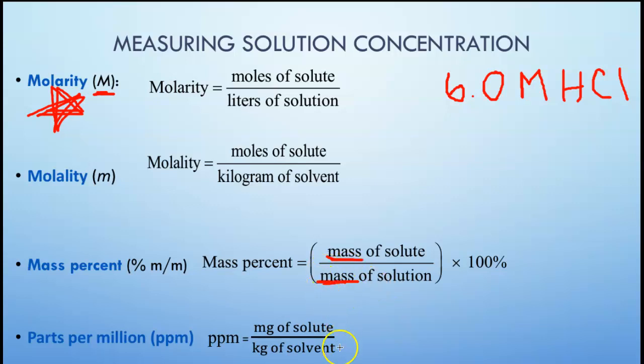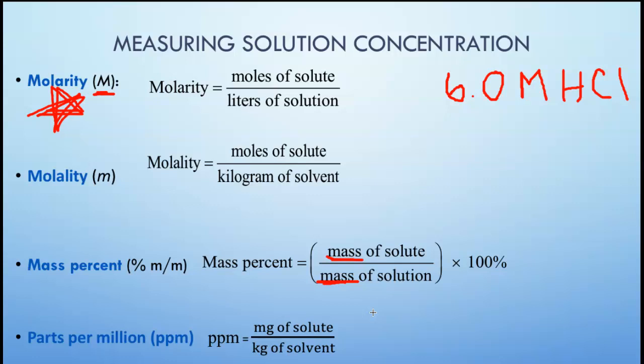So parts per million is a small unit because it's milligrams of solute per kilogram of solvent. So these vary by a factor of 10 to the 6th. And so it's a very, very small amount. So if you have something that's 2 parts per million, it means it's 2 milligrams per 1,000 grams of water, which is very, very, very small.